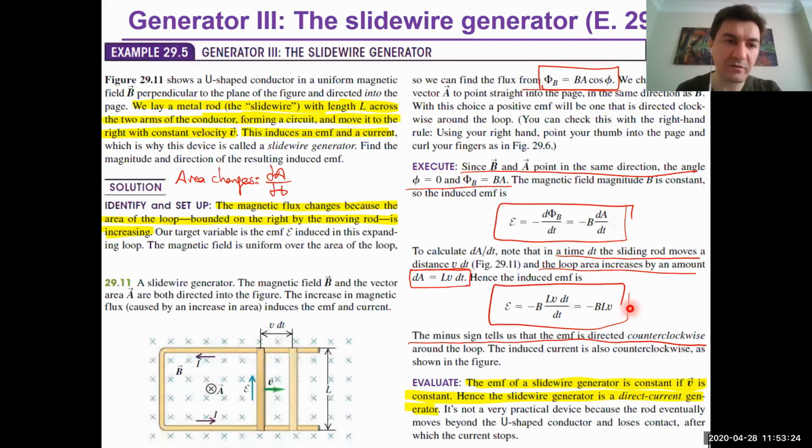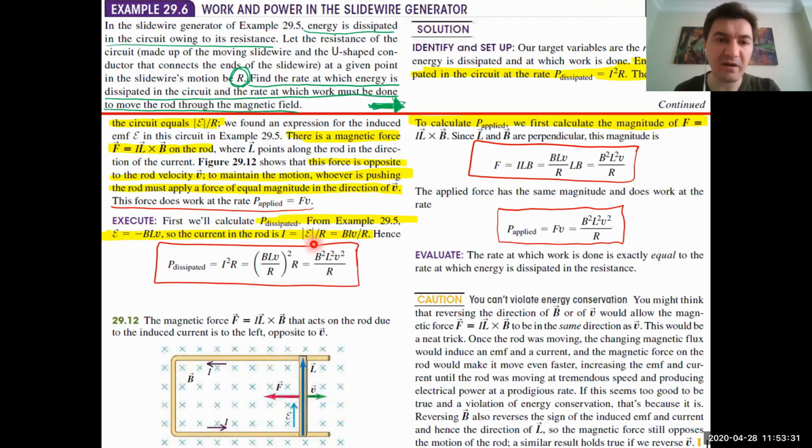EMF is equal to minus BLV, and the current due to that EMF is EMF over R. Then I can calculate the current like this. So put the current here instead of that expression, and then finally we can calculate the dissipated power due to the resistance, which is given by that expression.